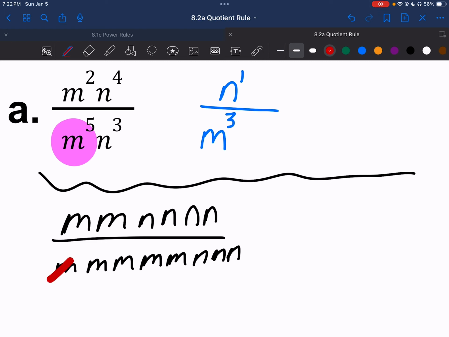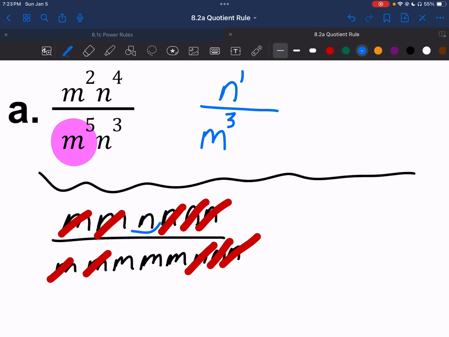So we have 1 M, 1 M, those cancel. M divided by M cancels. Okay, that's all the M's we have. So what do I have left? Well, let's keep canceling. So we have an N and an N. N, N, N, N. Nothing is left to cancel. What am I left with?